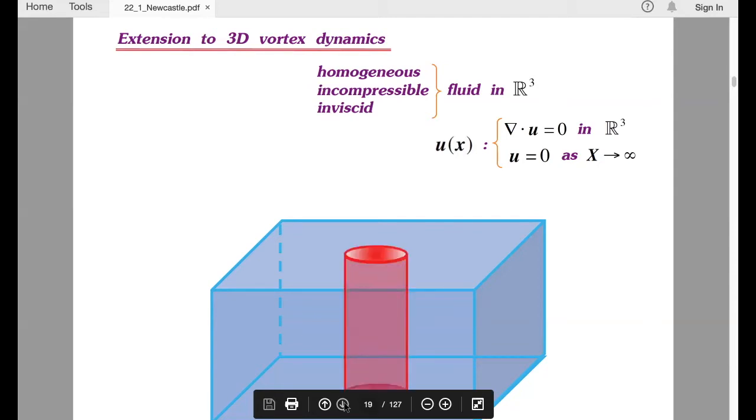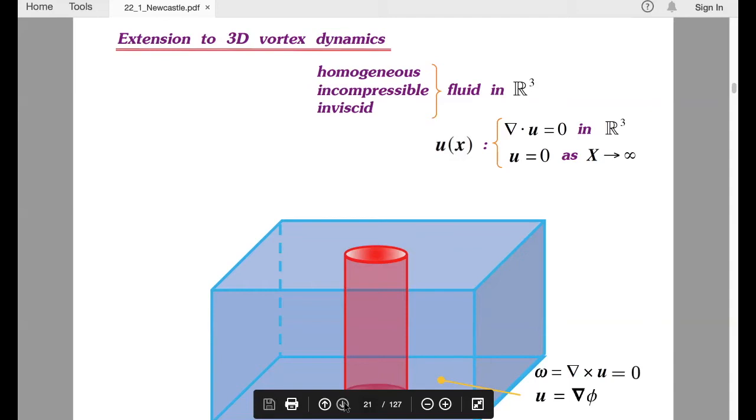Now the blob of vorticity becomes a tube in this context. So you have a region where vorticity is exactly 0. And so you have the condition that you can express this as velocity given in terms of a potential, phi.